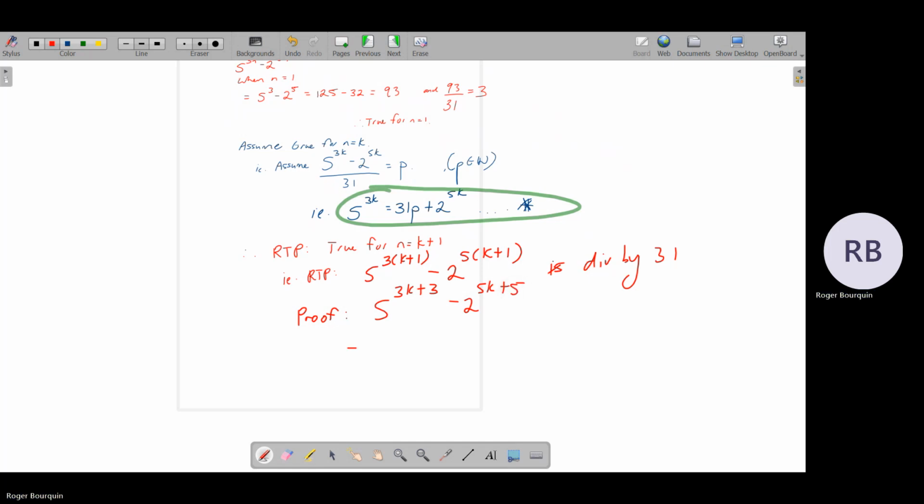So it becomes 5 to the 3k times 5 to the 1, don't forget, times 5 to the 3. Okay, minus 2 to the 5k times 2 to the 1 times 2 to the 5.